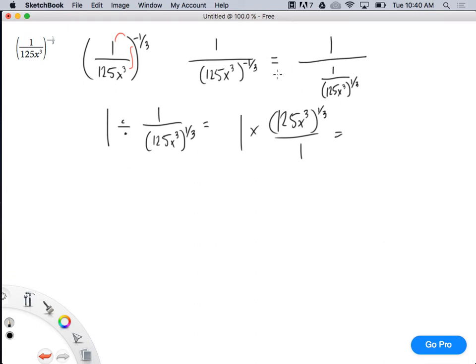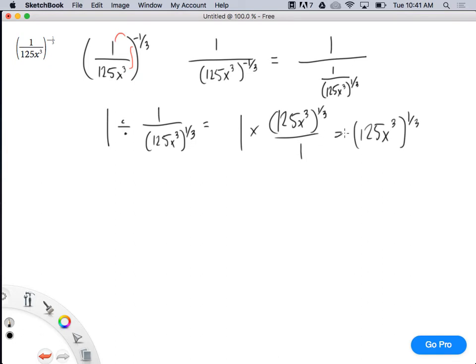Multiply by the reciprocal, I get 125 x to the third to the 1/3 power. Honestly, class, these steps are super unnecessary. If you have 1 divided by a fraction, just flip that fraction and bring it to the top. You see what I ended up with? I just spent a lot of time to flip that fraction.